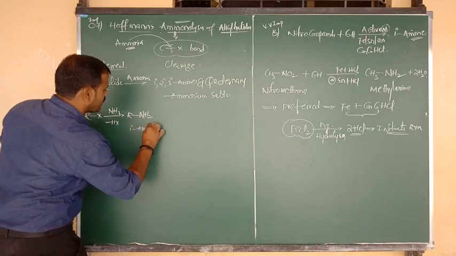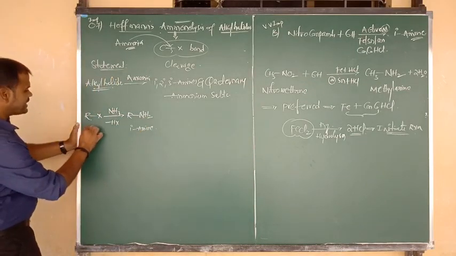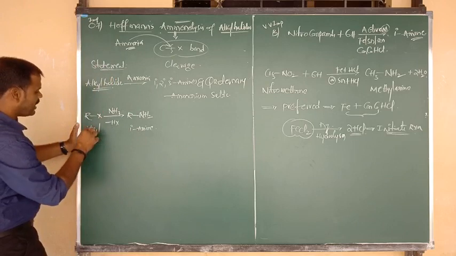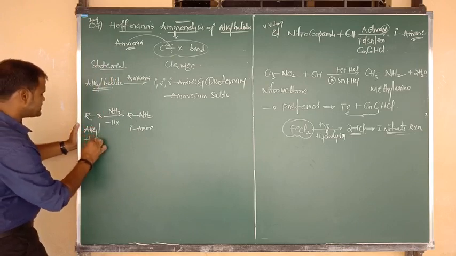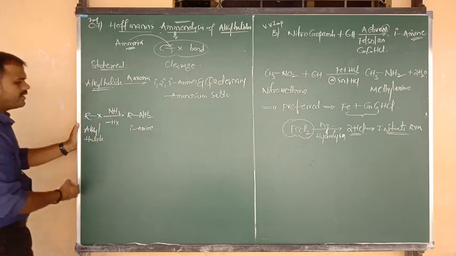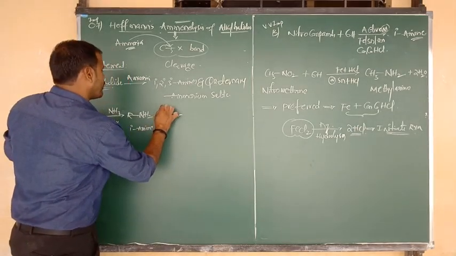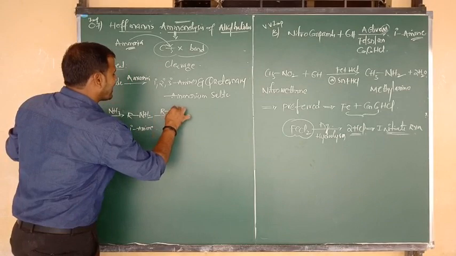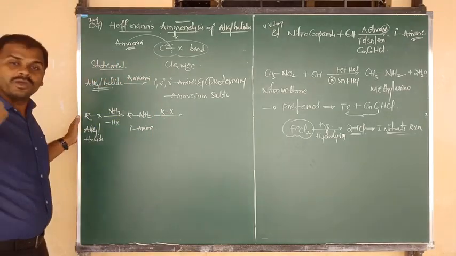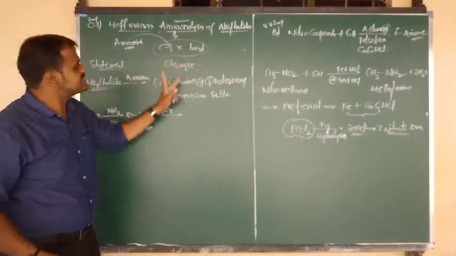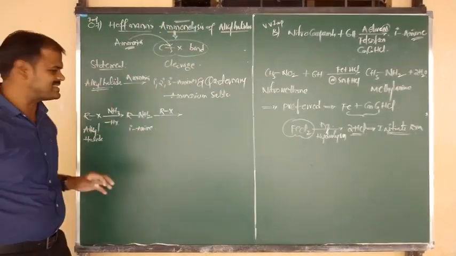Good. And what about this RX? RX is nothing but what, beta? Alkyl halide. Yes, RX is the alkyl halide and it forms primary amine. Now such primary amine, when it reacts with another mole of alkyl halide, means we are doing the C-X cleavage a number of times, means we are doing ammonolysis.